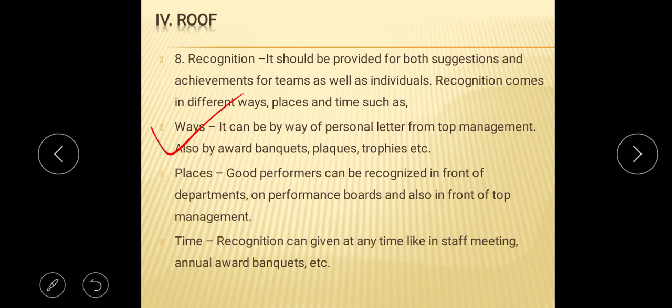Ways: it can be by way of a personal letter from top management, also by award banquets, plaques, or trophies, etc. Places: good performers can be recognized in front of departments, on performance boards, and also in front of top management. Time: recognition can be given at any time, like in staff meetings, annual award banquets, etc.